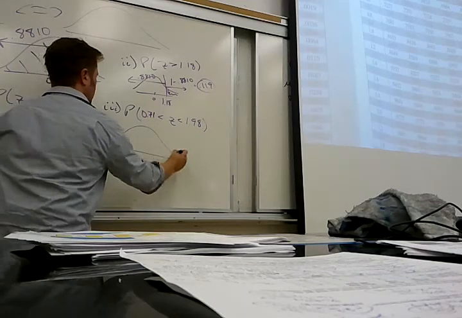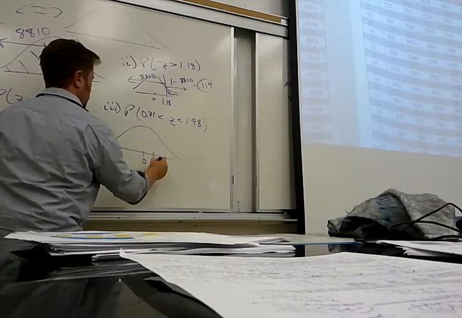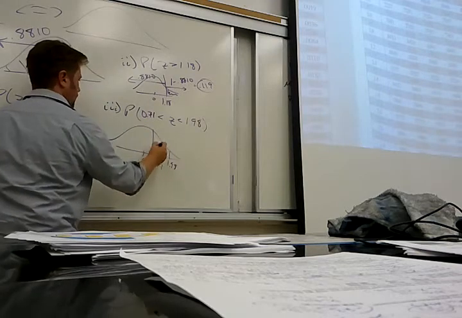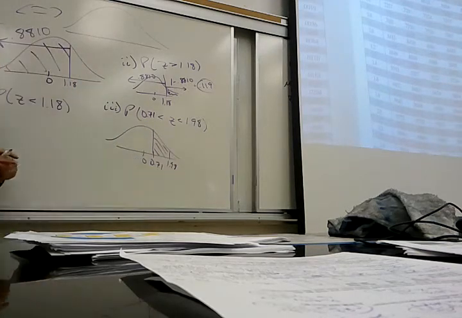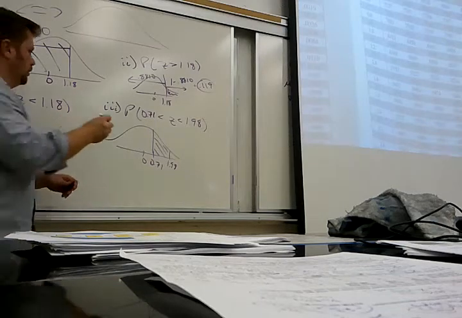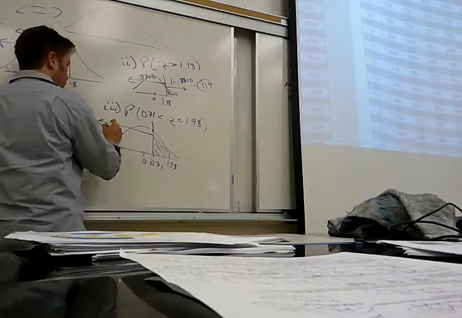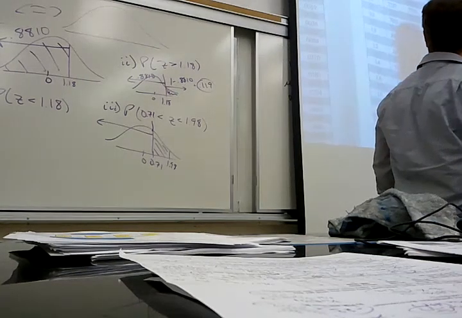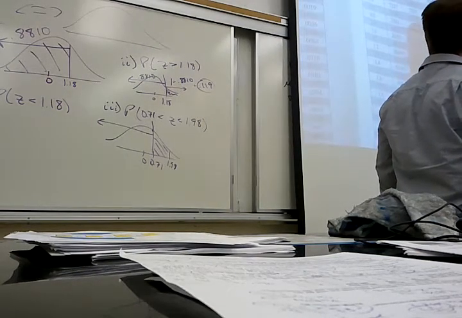So here I've got 0.71 and 1.98, and I want this area between. Find the difference. Whenever I look a number up in the chart, it only tells me one thing. It tells me the area below that, period. So when I look up 0.71, I get that area. And what's that? 0.71 looks to be 0.7611.